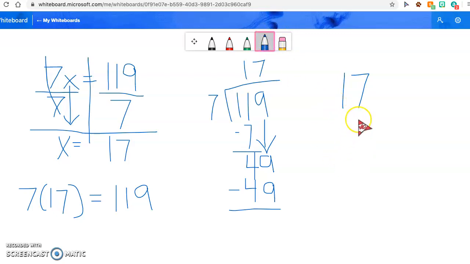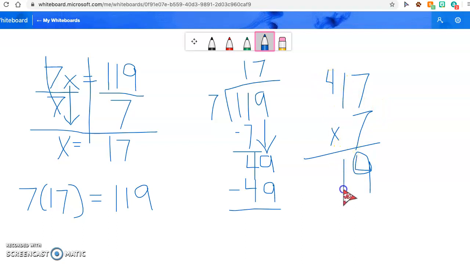All right, 17 times 7, right? 7 times 7 equals 49. So we're going to put our 9 here, carry the 4. 7 times 1 is 7, plus 4 gets us 11. So that means that yes, 17 is the correct solution for this equation.